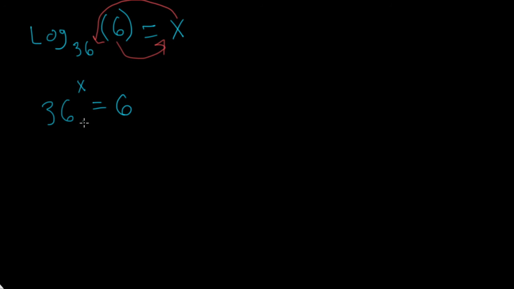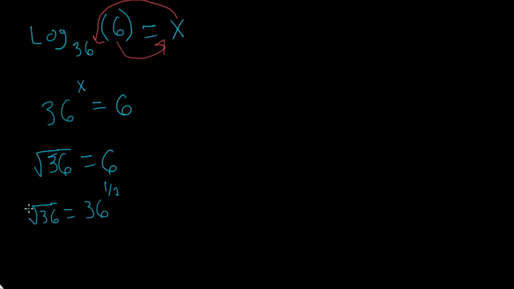Now this looks a little weird, right? How do we get from this big number down to 6 using a power? This is sort of contradictory, right? Well, we know that the square root of 36 is equal to 6. And then we can also rewrite the square root of 36 as 36 to the 1/2 power. Anytime we have a fractional exponent, it's going to give us a root of some kind.